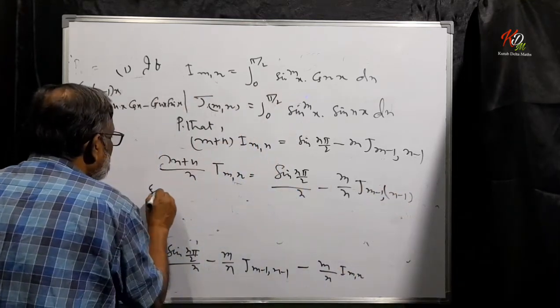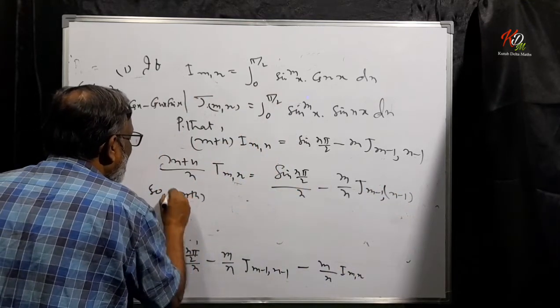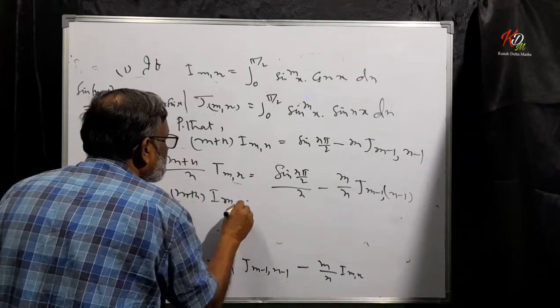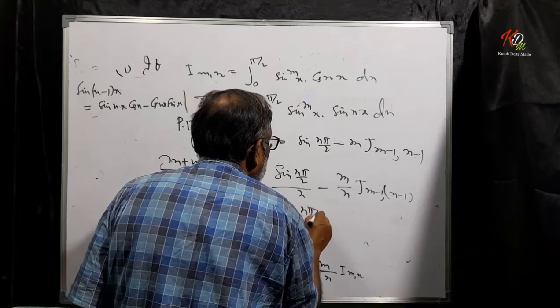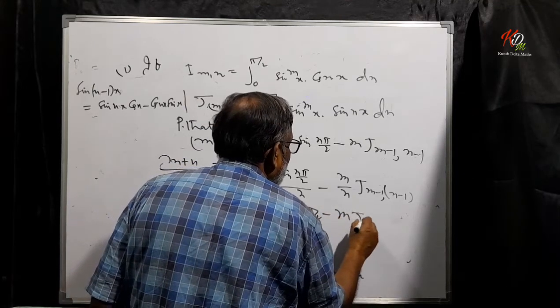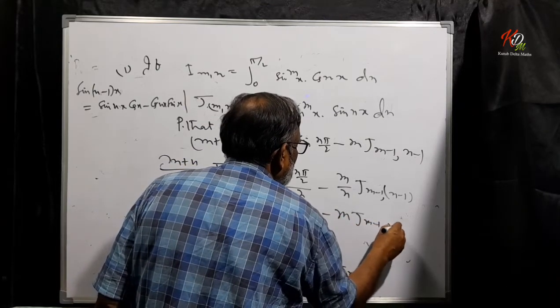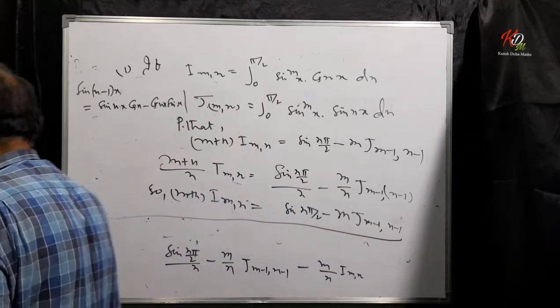So m plus n I m n equals sin n pi by 2 plus m J m minus 1 n minus 1. Hence proved.